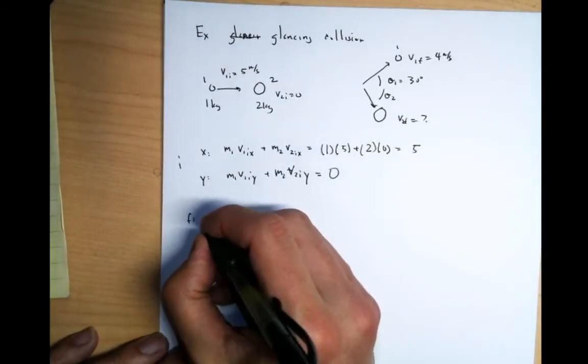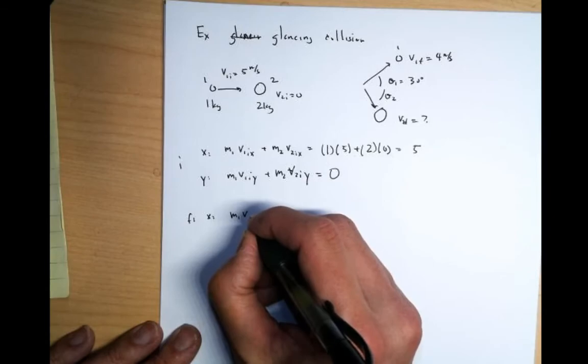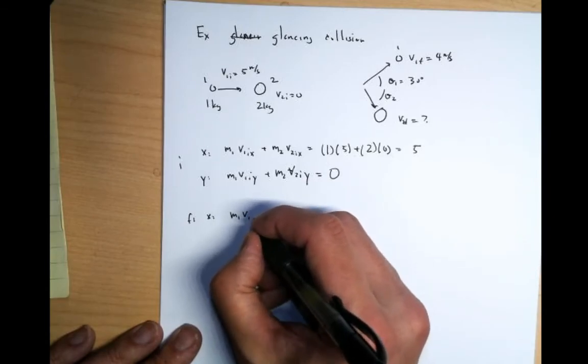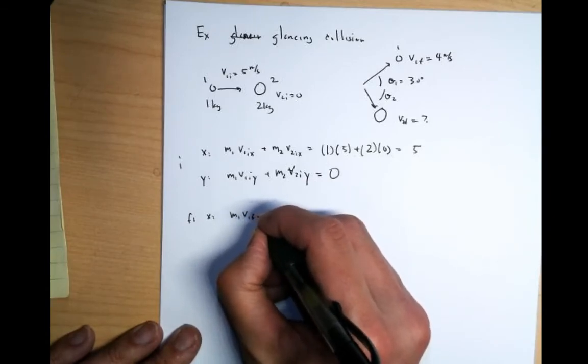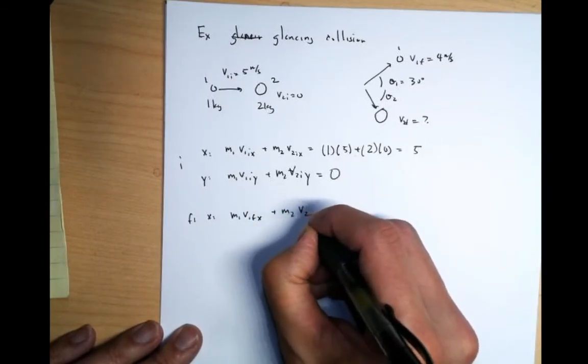So this is going to be, in the x component, m1 v1fx plus m2 v2fx.